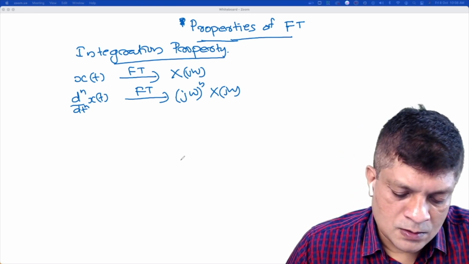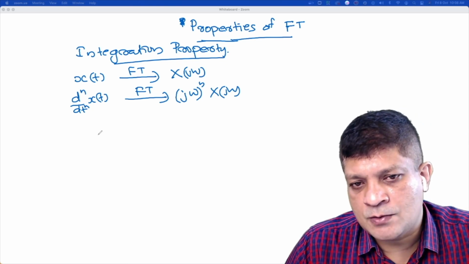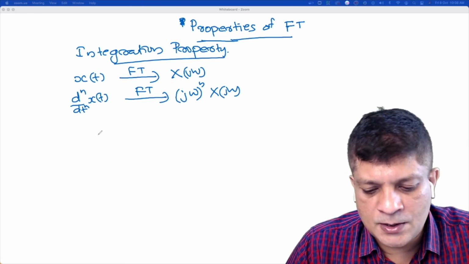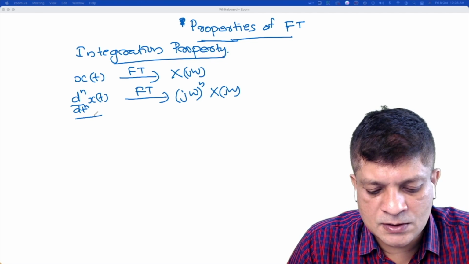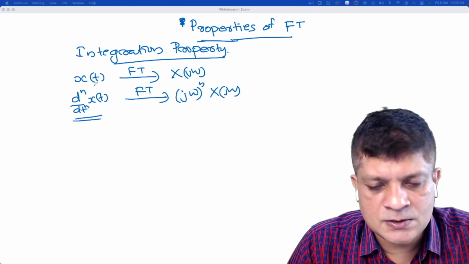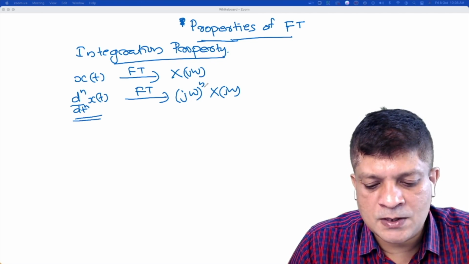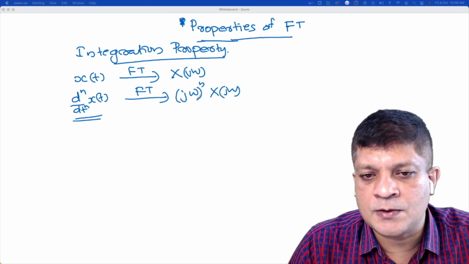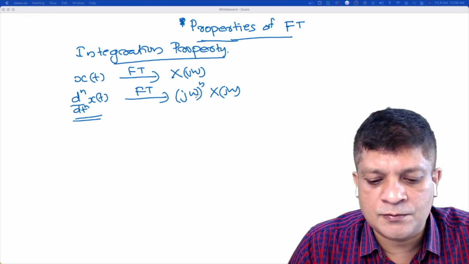Now, there is a dual of this property. I am not going to explain that. It is there in the formula sheet. This is the differentiation in the time domain. If you differentiate in the time domain, there is multiplication with an omega term in the frequency domain. There is a dual of this.